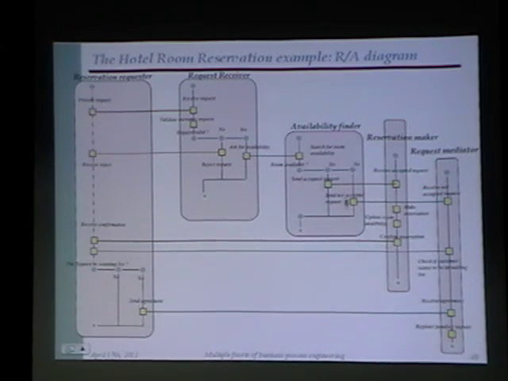And if there are no availabilities, the application will go to the request mediator in order to mediate. What's the meaning of the green dot? The green dots are the beginning and the end of the columns. This is the role activity diagram editor that we use for this.